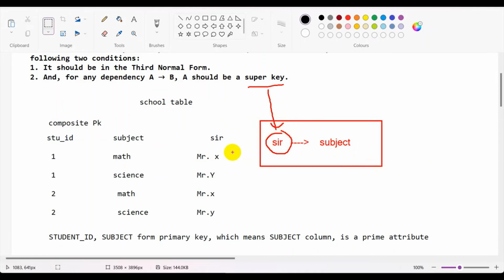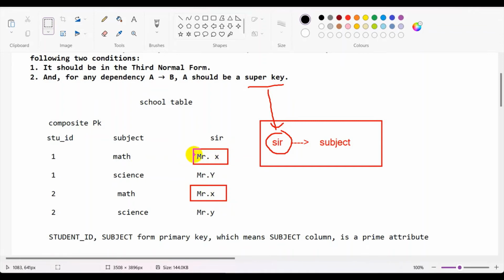Because we can't uniquely identify a row by the sir column. Let's suppose we are given only the surname, that is Mr. X. You are not able to uniquely identify the row, because if you are given the surname, there are two rows, which is not unique.